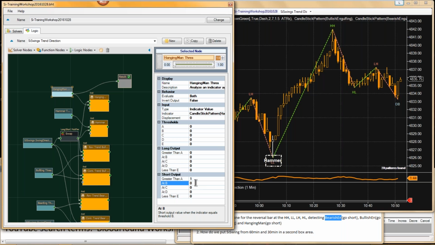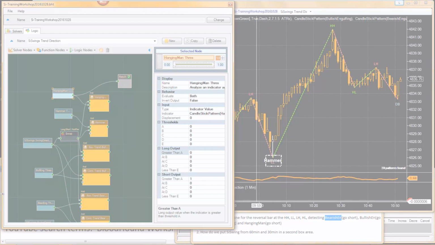Hanging man is a short pattern, so we want to get a short output from this solver. So we turn the long output off, turn the short output back on. There we go for the hanging man. All right, so I think that's probably as much as we can cover for this.